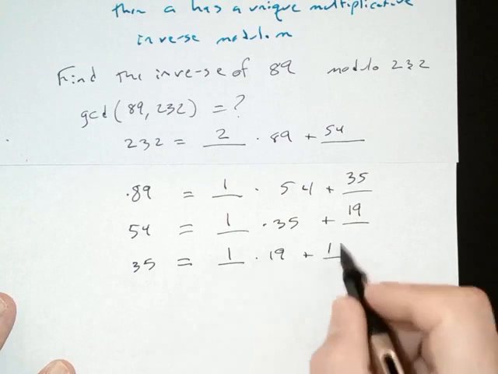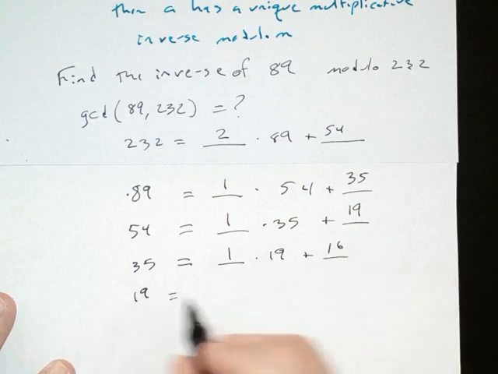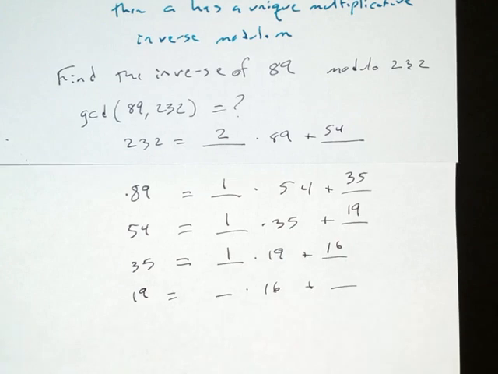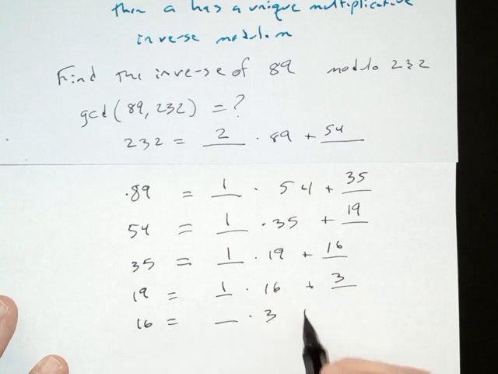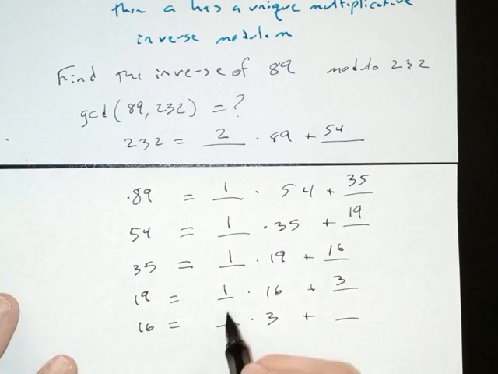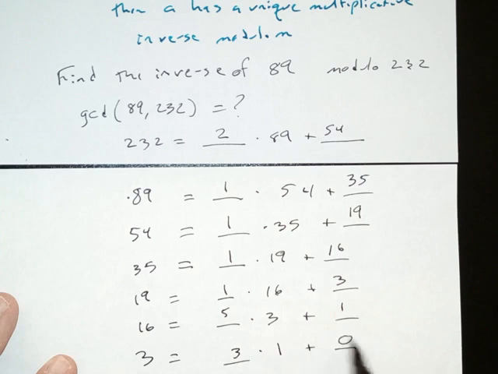One plus 16. 19 is so many 16s with so much left over. 16 is so many 3s with something left over. And 3 is 3 1s with nothing left over.